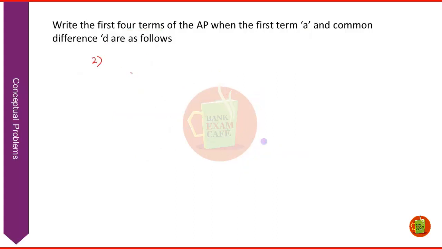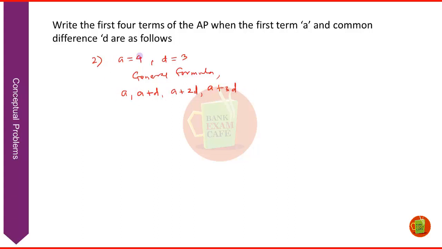Now see the second question. A is equal to 4 and D is equal to 3. So our general formula is A, A plus D, A plus 2D, A plus 3D. We have to find only 4 terms.